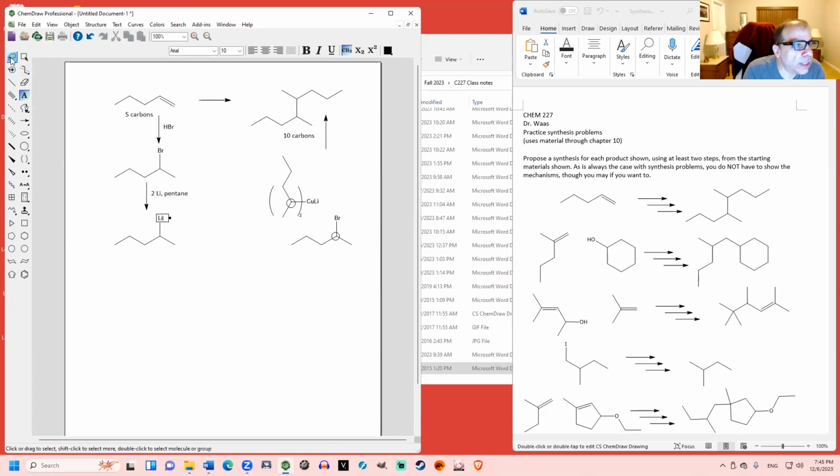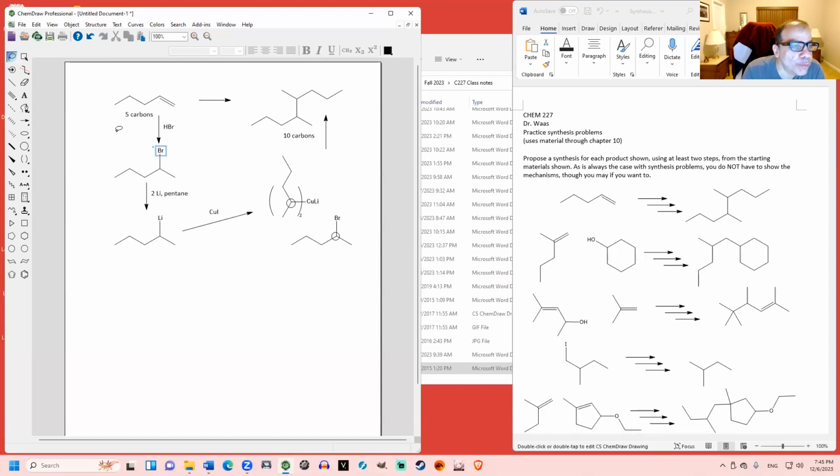And that gives you the alkyl lithium. And then you treat the alkyl lithium with copper(I) iodide. And you get the cuprate plus lithium iodide.